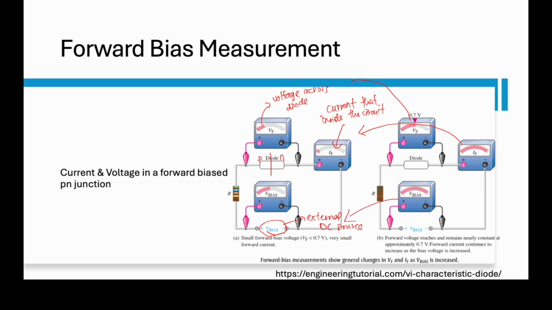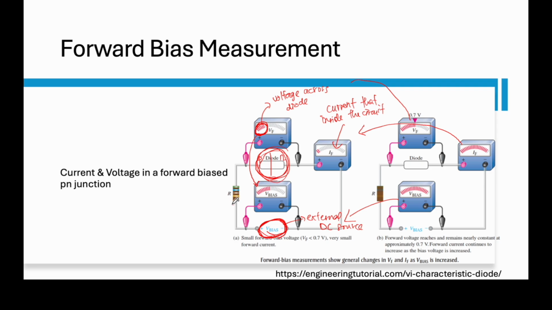Let's say the amount of V bias that we apply to the circuit now is not so high. When we measure the voltage across the diode, we can see the voltage is not so high. This voltage will not be exactly the same as this voltage.